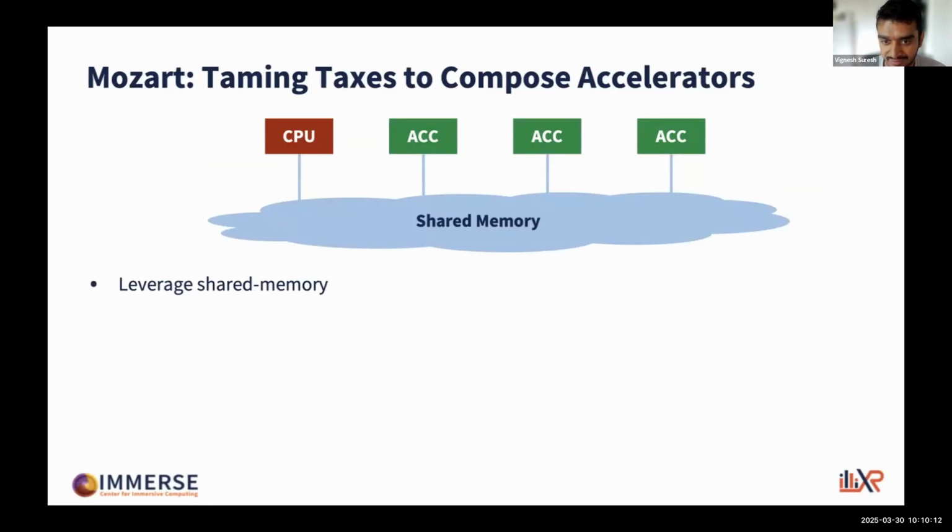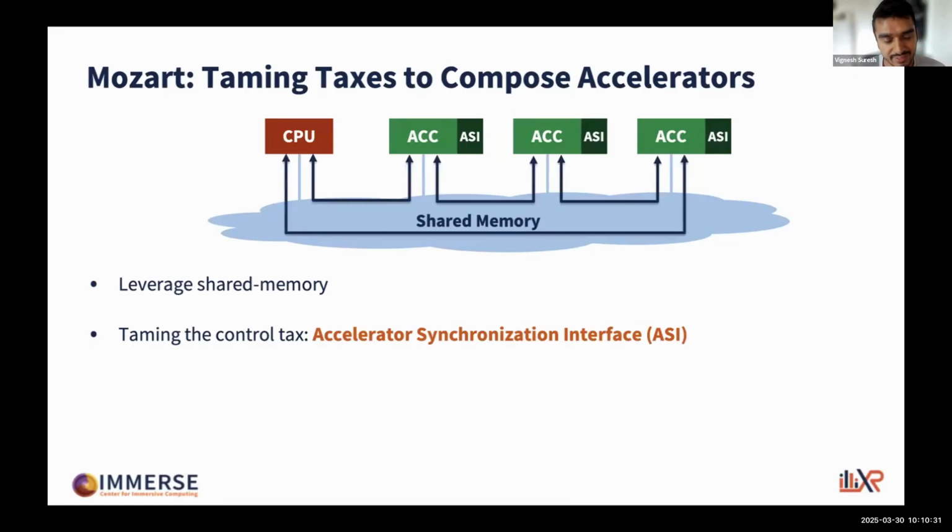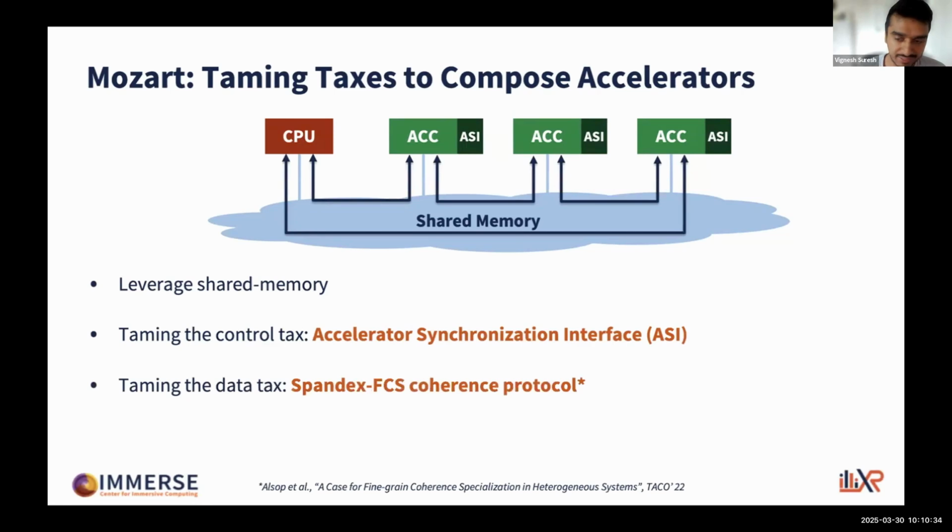More specifically, Mozart tames the control tax by introducing an accelerator synchronization interface with each accelerator. And what that allows is for the accelerators to be invoked through shared memory synchronization, even by each other, completely bypassing the CPU. Further, Mozart tames the data tax by using an optimized Spandex FCS coherence protocol that facilitates optimized data movement between producers and consumers, all within a shared memory system that doesn't incur the overheads of a traditional coherence protocol, and it sort of emulates point-to-point data transfers.